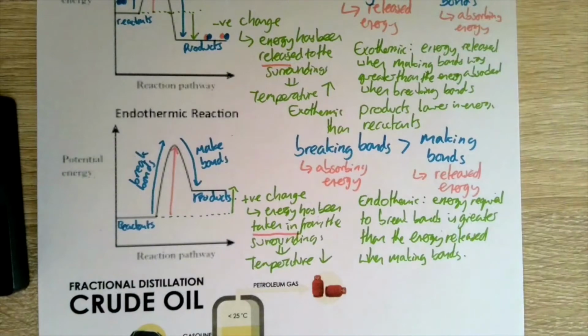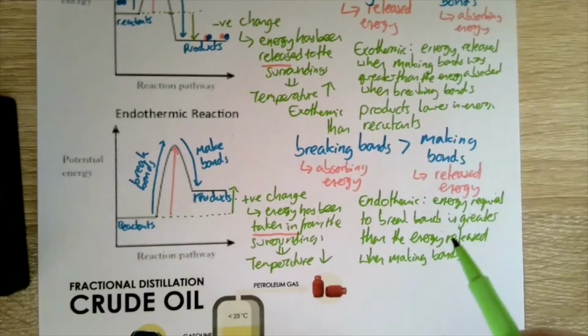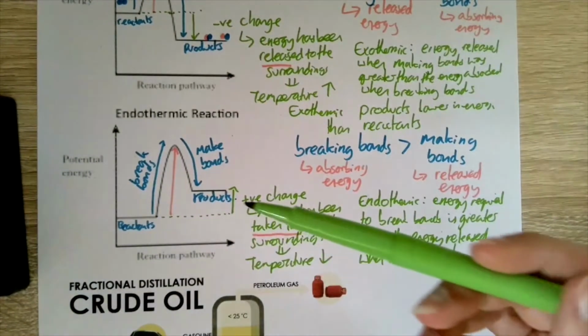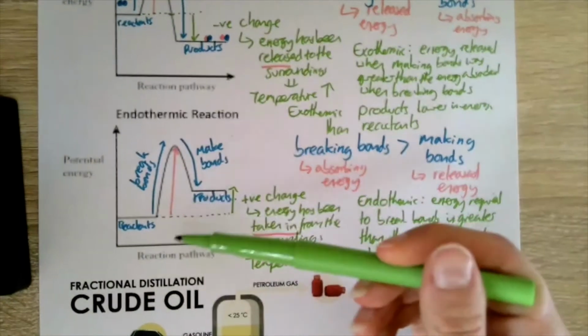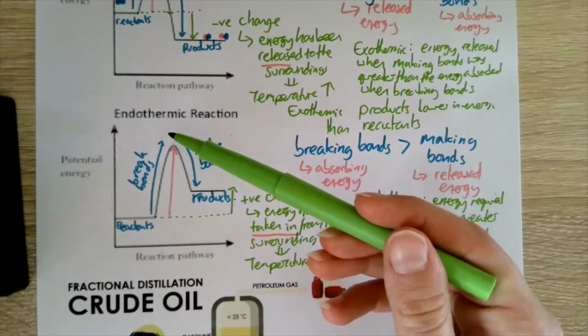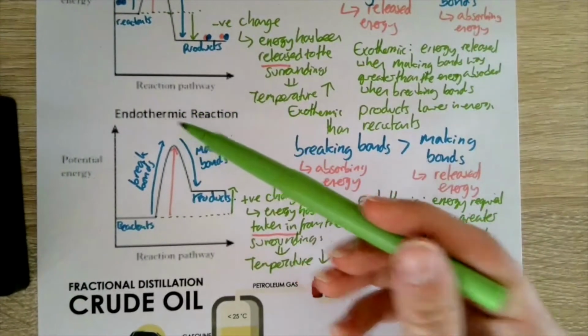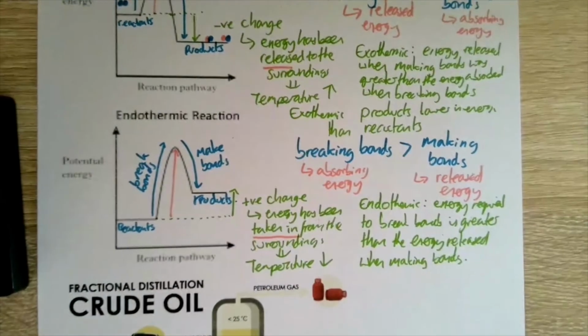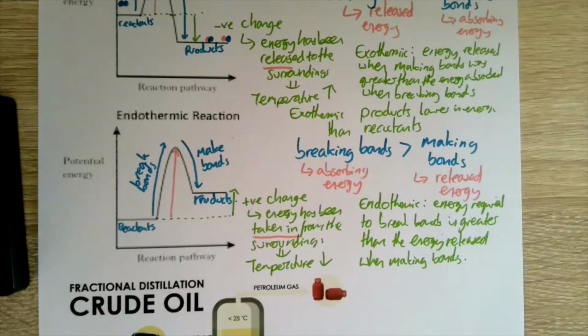So, key thing to remember here is that breaking bonds requires energy in order to do so, whereas making bonds, you release energy in doing that. So you've got to be really careful that we say it in the right way. A lot of us were saying that making bonds requires energy, but it doesn't, it releases energy.